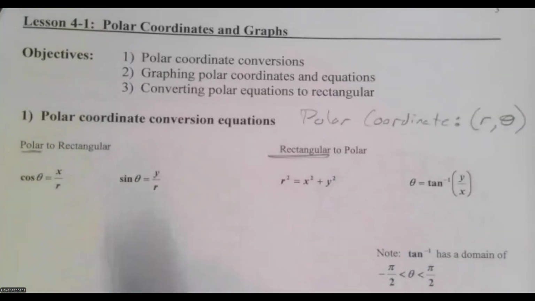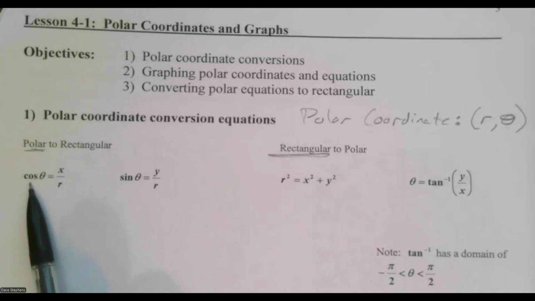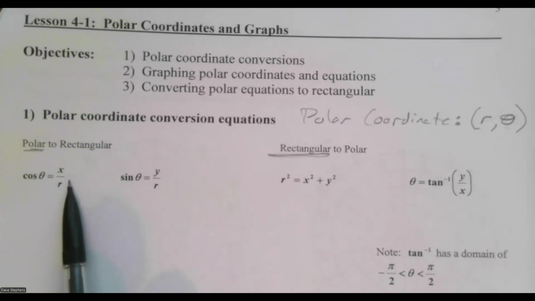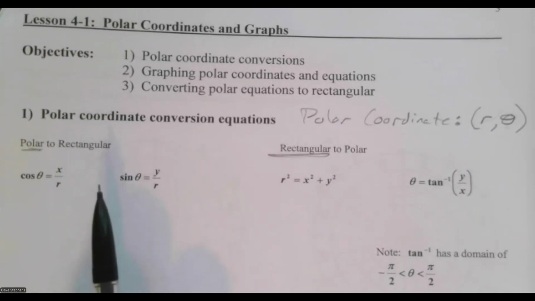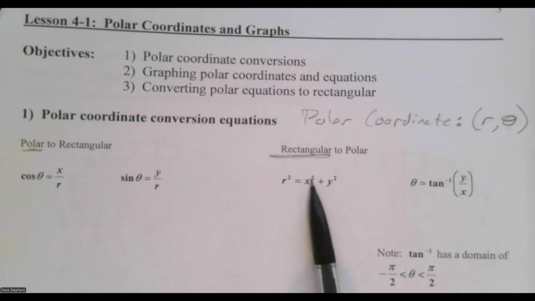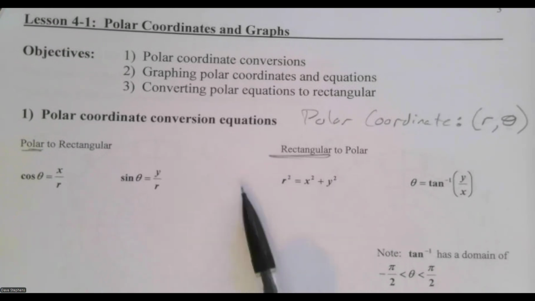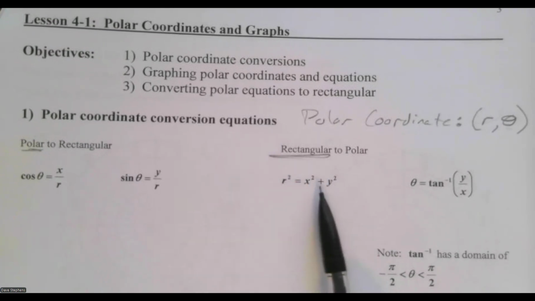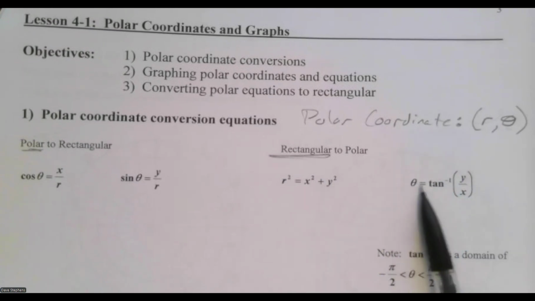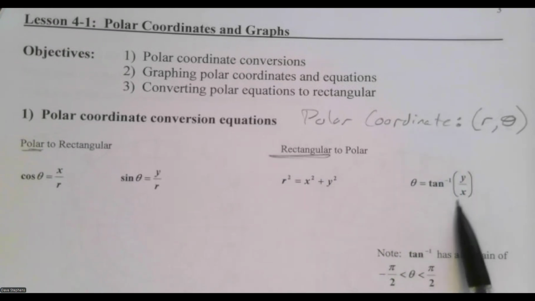There's two conversions that we can use. Cosine we know is x over r. That seems fairly familiar. Sine is y over r. R squared, the radius squared, is equal to x squared plus y squared. We knew that, this is the Pythagorean theorem. That's what we're going to have to use to convert from one coordinate system to the other. And theta is tangent inverse of y over x.